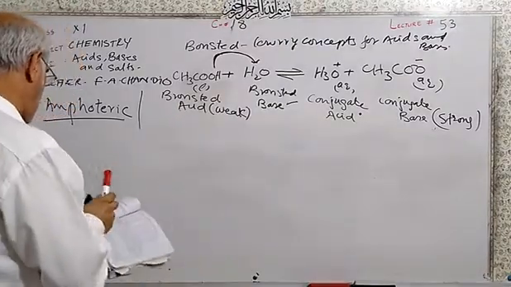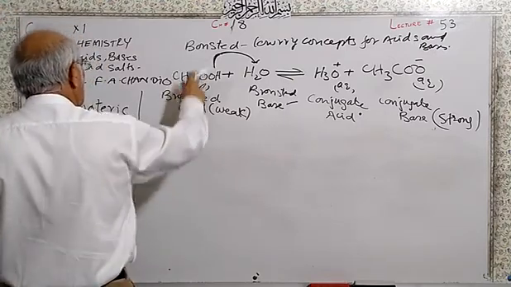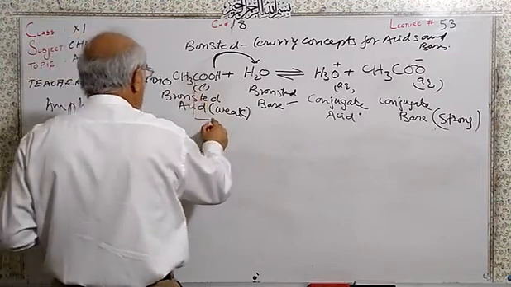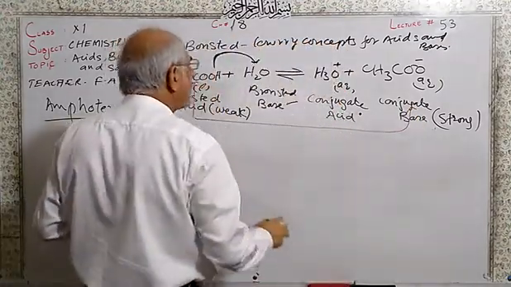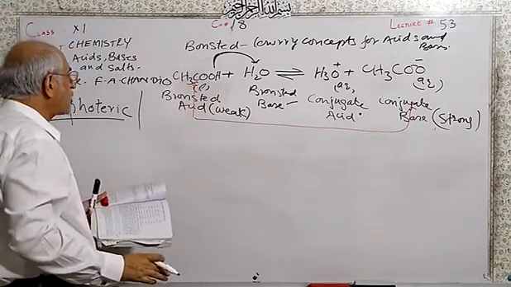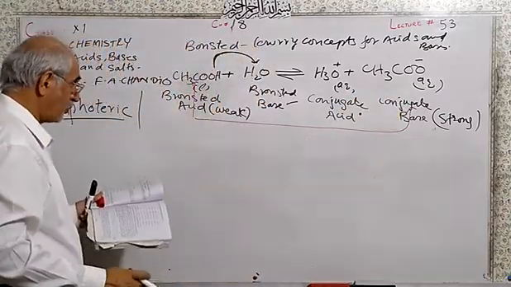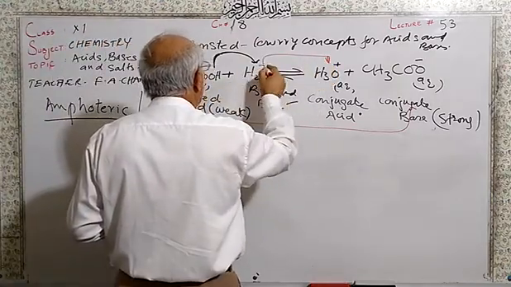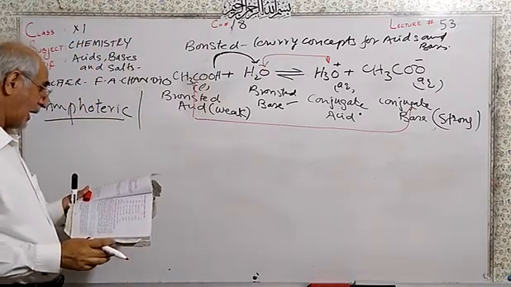Acetic acid is a Brønsted acid, so it forms a conjugate base. Water is a Brønsted base, it forms a conjugate acid.